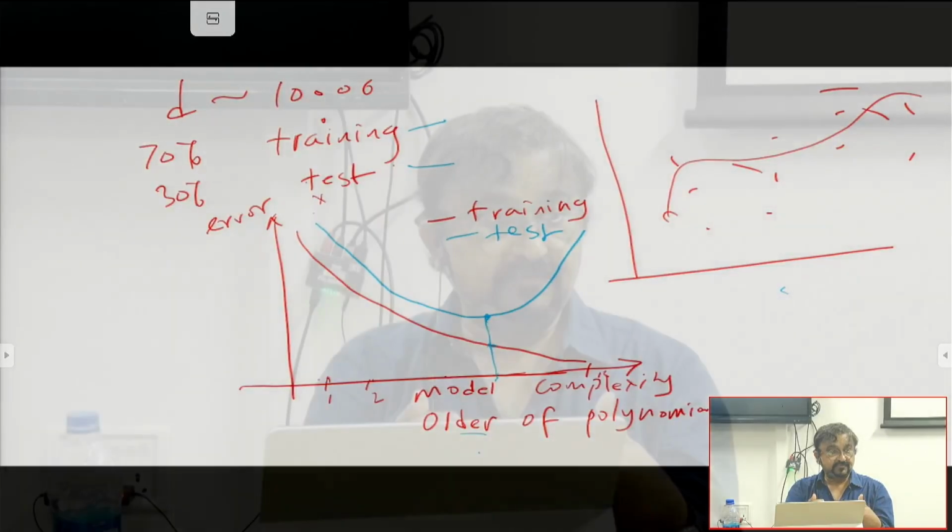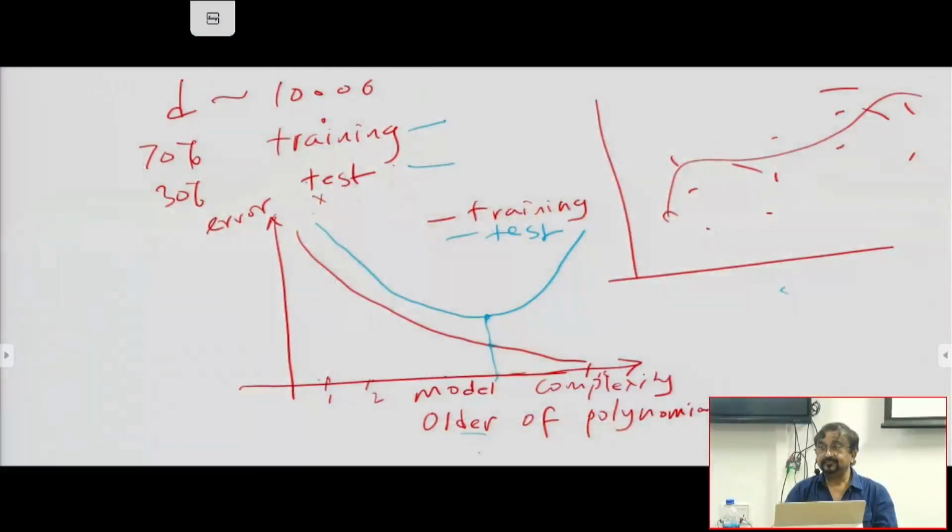In the problem which I showed you earlier, I would typically take this approach. We fit a distribution, and we pick 70% from there and keep the remaining 30% for testing. And we can repeat it for different 70 and 30% splits until we get a robust set of parameters. Okay?